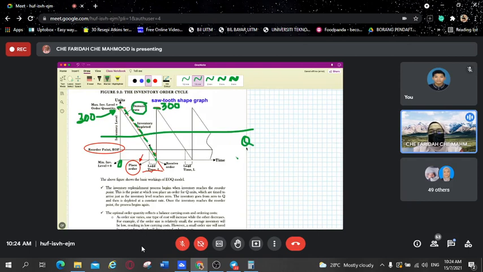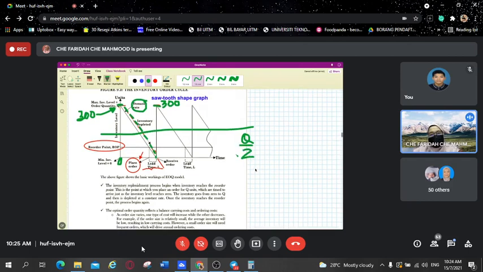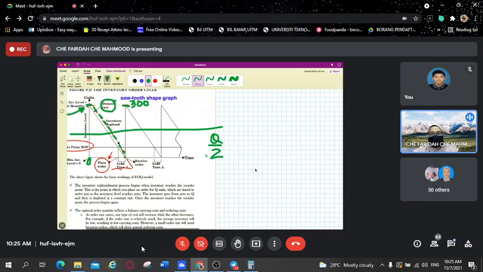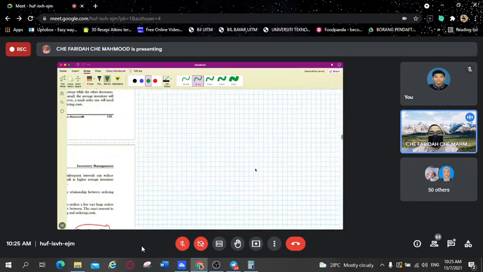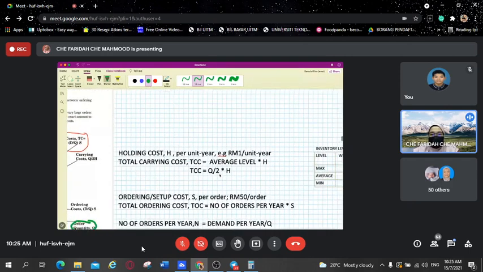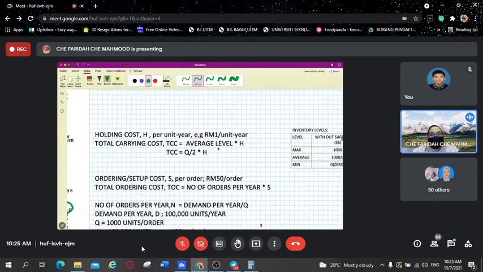The quantity that order from Adit bagi dengan 2. That is average. So untuk cari total carrying cost, my dear, is average level times the H. H is per unit basis. So average level ialah Q over 2 times H.